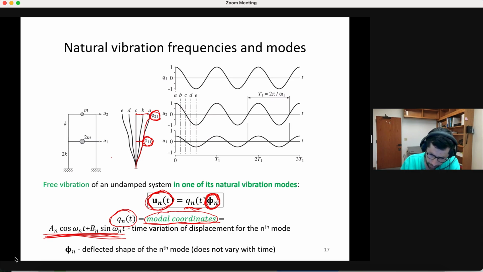Okay? I understand that this is only a value which is changing with time, which is now multiplying a vector to obtain what? To obtain the vector of the displacement containing the displacement of this floor and the displacement of the floor above according to mode shape number 1.